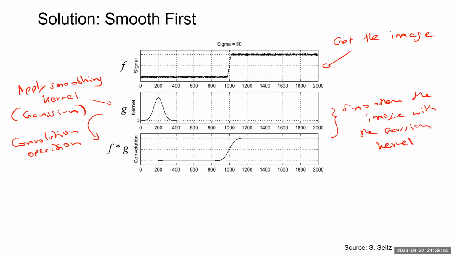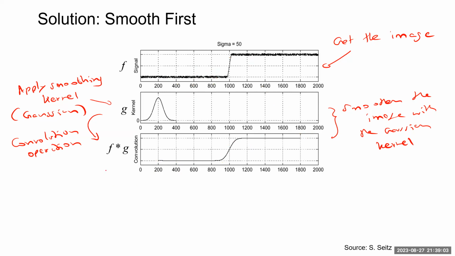Now you can see the noisy image that we had here. Once we have done the convolution operation with the smoothing kernel, after we smoothen it out, we have a non-noisy image. The noise has been eliminated. Now what can we do?